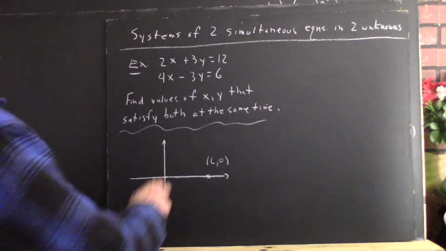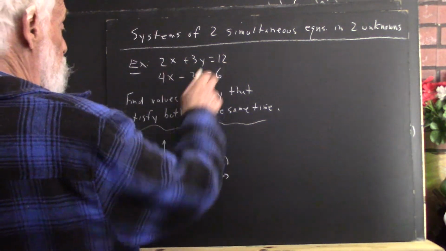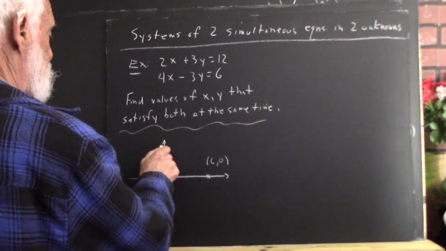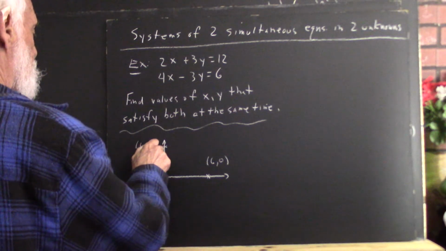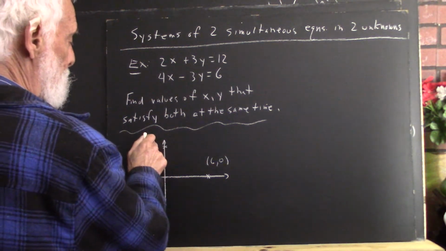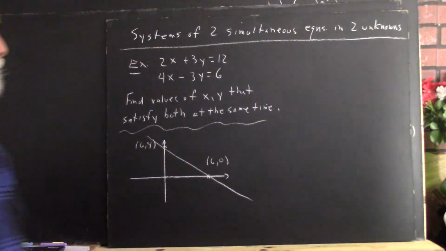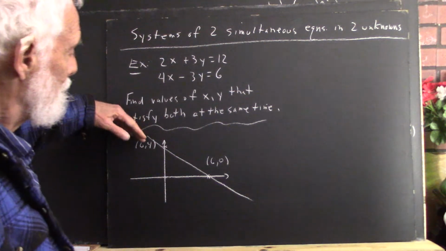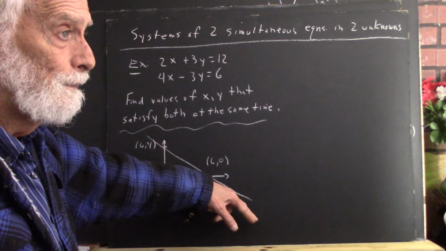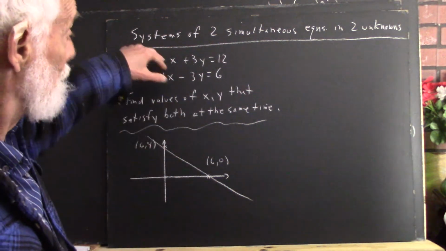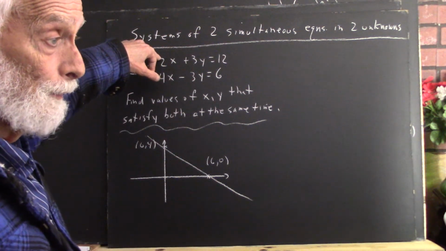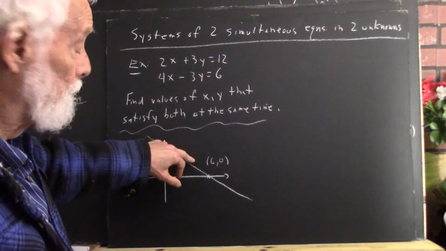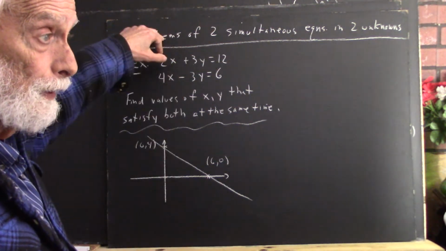If x equals 0, y equals 4, so we have the point (0, 4). And there's a roughly straight line. Points are on this line if and only if they satisfy the equation. So every point that satisfies the equation is on the line, and every point on the line satisfies the equation.